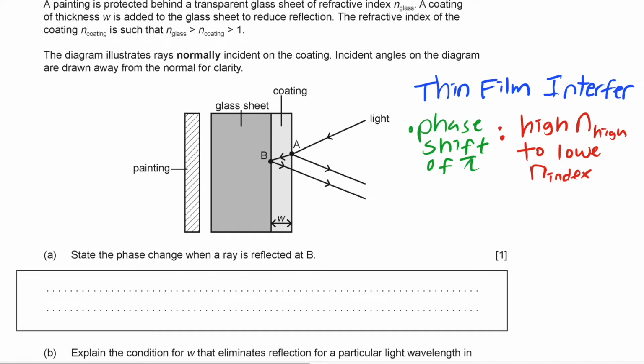So let me write this down. A phase shift of 0, if the light is being reflected from a medium with a lower index to a medium with a high index.